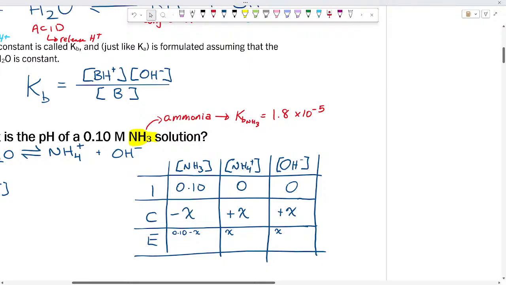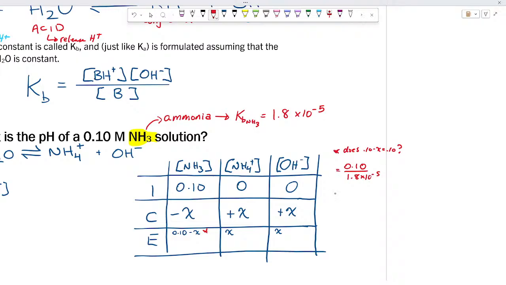Yes, we can do a little check here to see if we can make our lives easier. What's that little check? What do we do? Does 0.10 minus x equal 0.10? 0.10 over 1.8 times 10 to the negative 5. Okay, what's that equal?